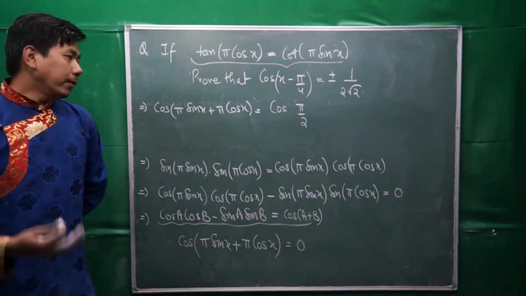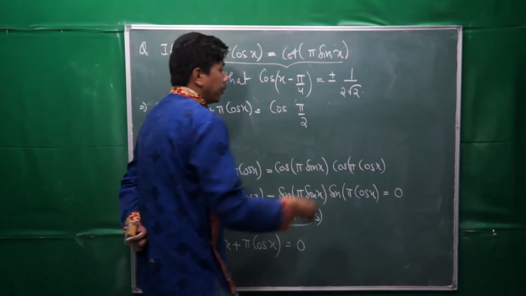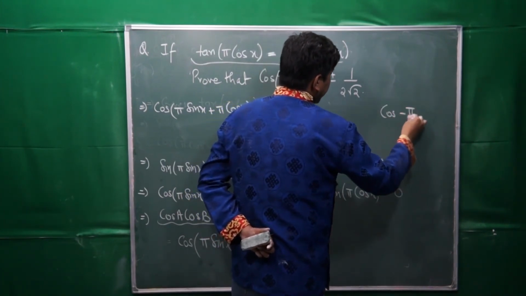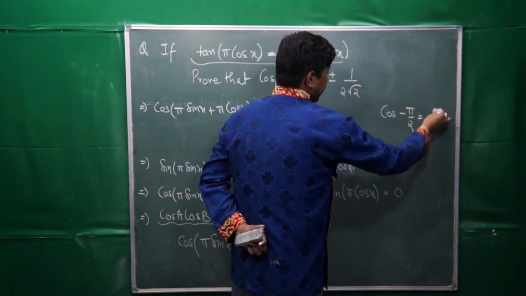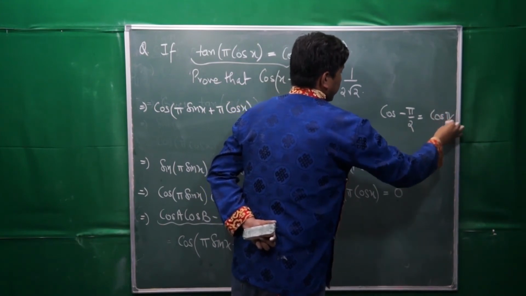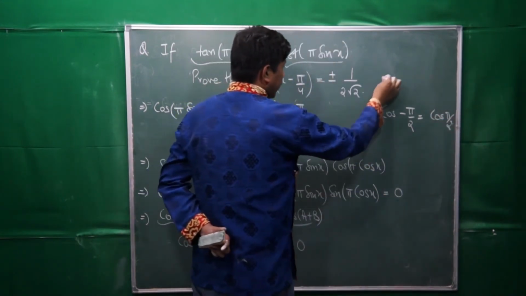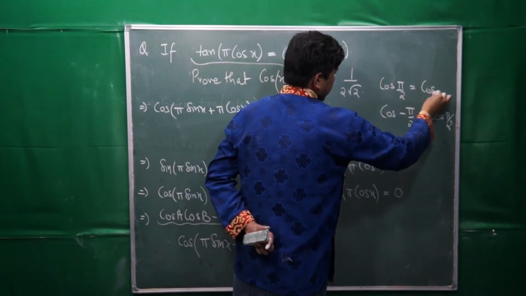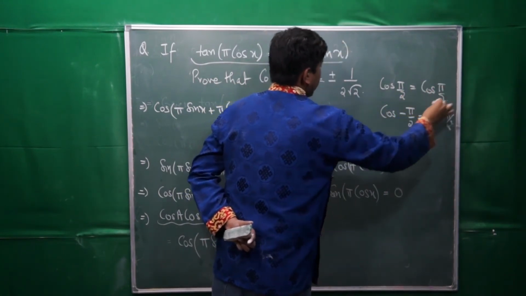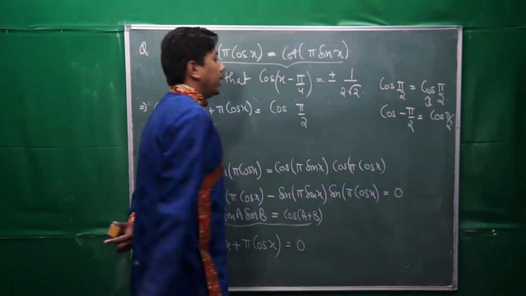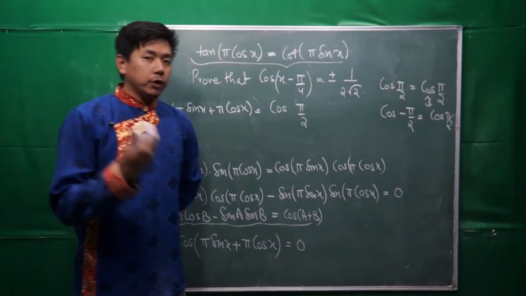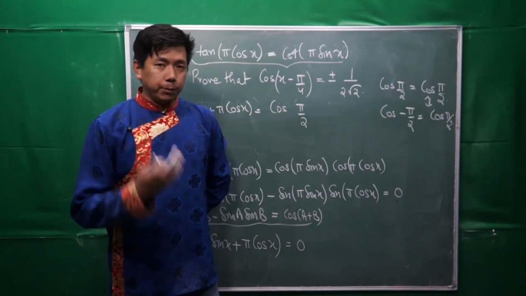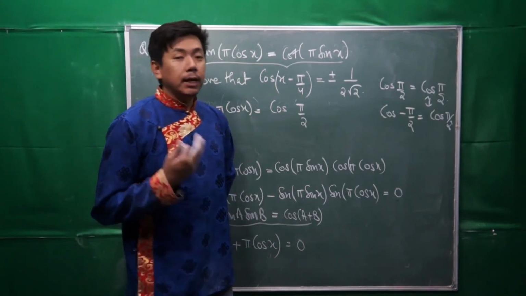Now again, if you remember, within cos, if I place minus pi by 2, this is the same as cos pi by 2. So for positive 90 degrees and negative 90 degrees, the answer is going to be 0, which is the same.